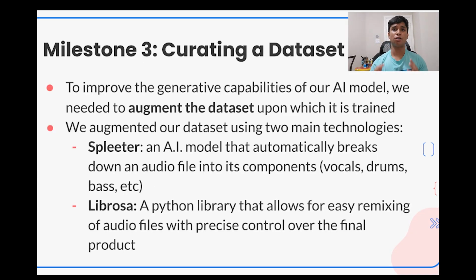Moving on, the third milestone in our project was where we created a new dataset on top of what Zachary Shah had originally created in order to retrain our AI model to improve its generative AI performance.